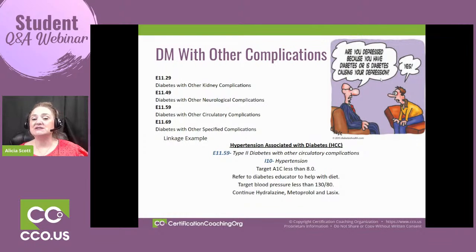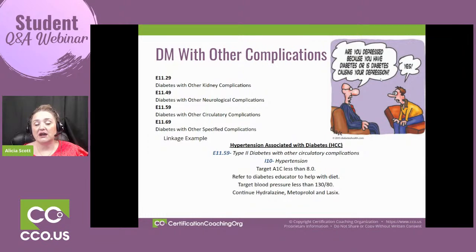This is different than unspecified. Unspecified means we don't have the specificity at this time, and that could be because the provider is waiting for further testing to be done. They still haven't determined the specificity or where the complication is at. And so there is a need for unspecified as well as other.